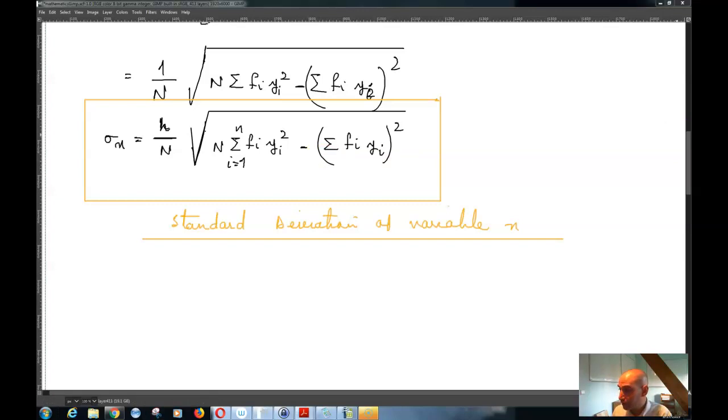To sum this up, what we can say is that x of i is equal to a plus h times y of i, a being the assumed mean, and h being the class size.